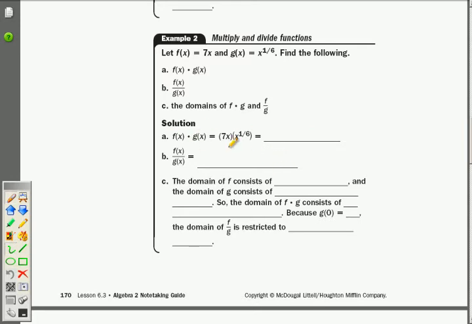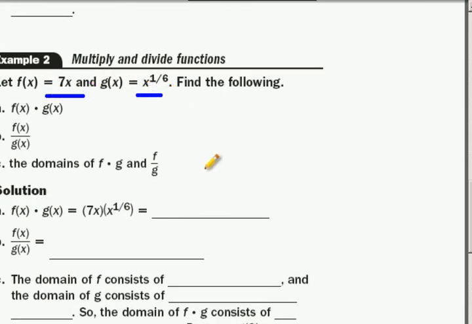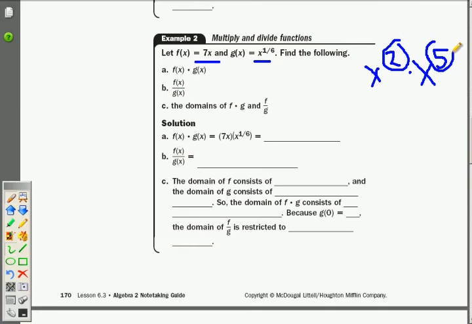Here in part A, when we multiply f and g, if f is 7x and g is x to the 1/6 power, if I were multiplying x squared times x to the 5th, we would all say, oh, that's x to the 7th. You add the 2 and the 5. Well, same thing here.